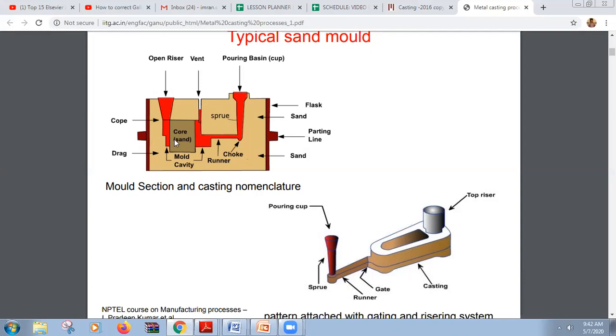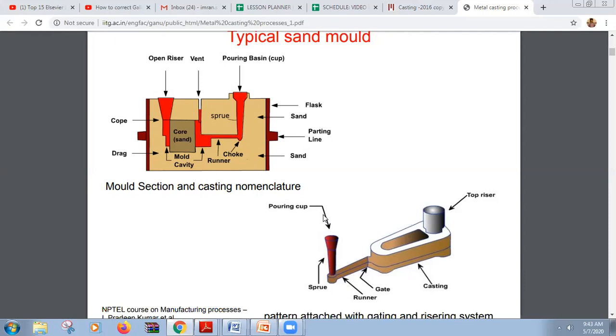And then we put a pattern in this cavity, in this sand, in this molding flask. What is a pattern? Pattern is basically a duplicate or replica of the part that is to be produced.